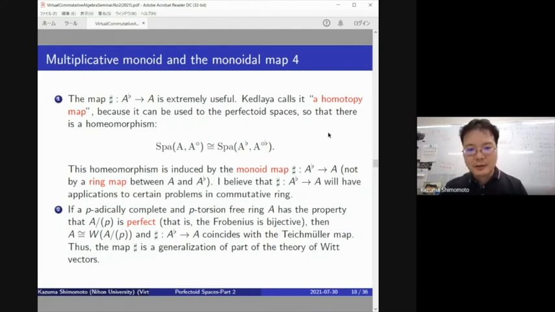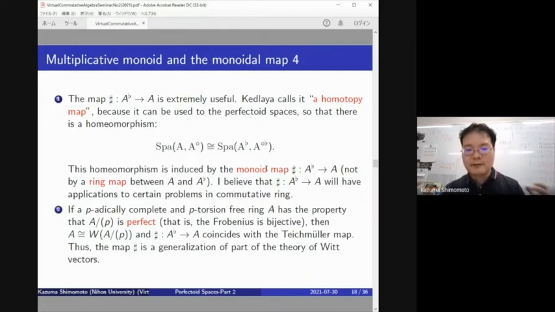And actually, Kedlaya calls it a homotopy map because it can be used for perfectoid spaces. So for example, if I apply this map, you can construct the homomorphism of this Spa. So I don't discuss what is Spa. These are just some perfectoid spaces, but I don't talk about it so much. So anyway, this homomorphism is induced by the monoid map, not by a ring map.